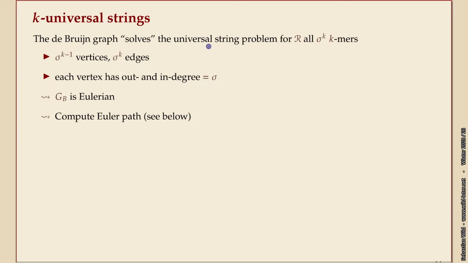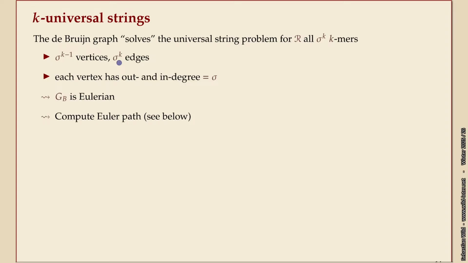Now, we can use these De Bruijn graphs also to solve the original puzzle that De Bruijn started with. You can build this graph from the set of all possible k-mers, say all possible binary k-mers, or all over a general alphabet. Then you'll have sigma to the k-1 vertices, because all possible k-1 substrings occur at some point.